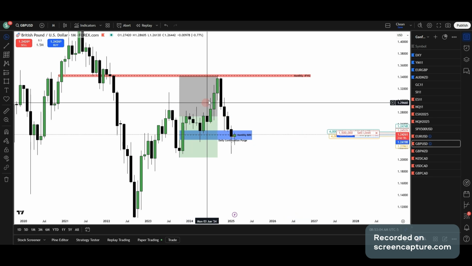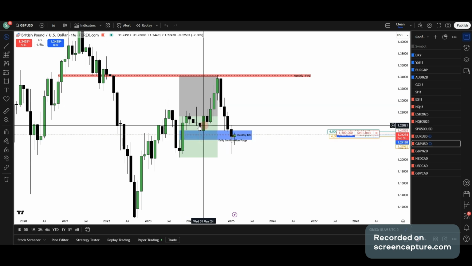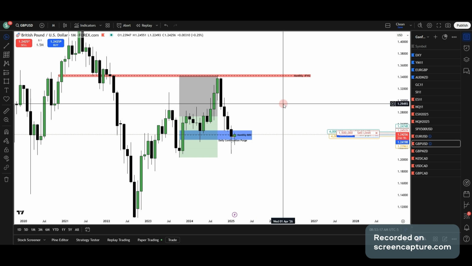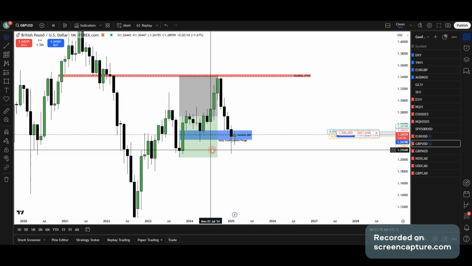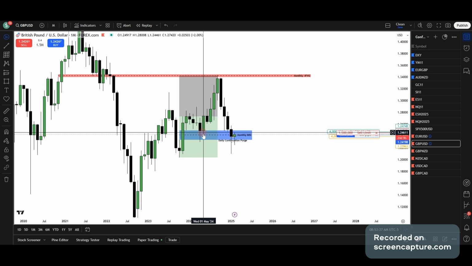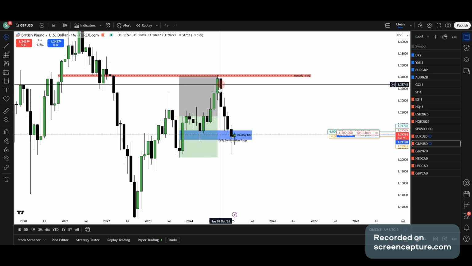This dark gray shaded area will be premium, and this green shaded area will be discount. So right now we're working within discount of this dealing range from low to high. We have this monthly buy side imbalance, sell side inefficiency at discount. We can see where price initially came down into that monthly BISI, and then we had a nice explosive price move here.